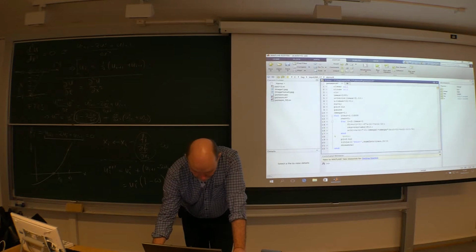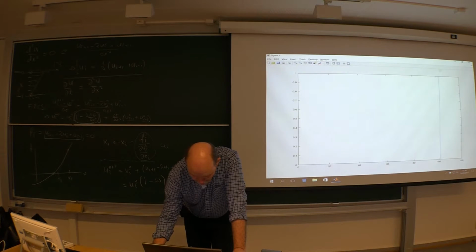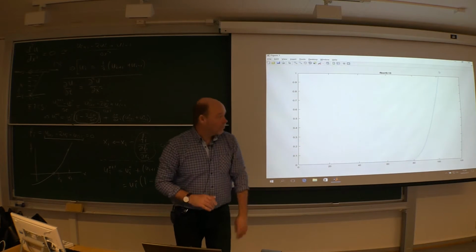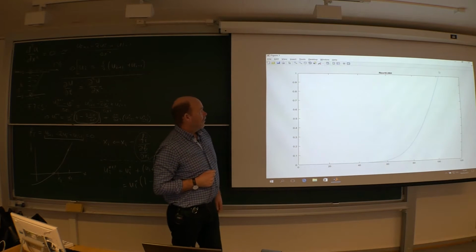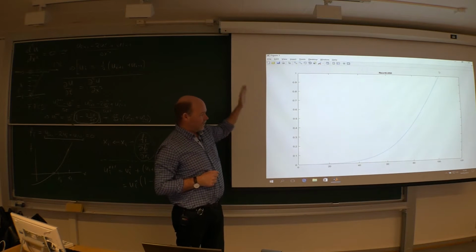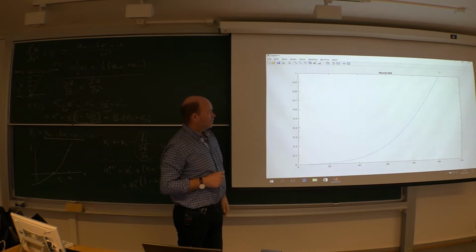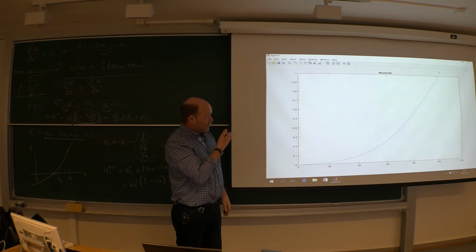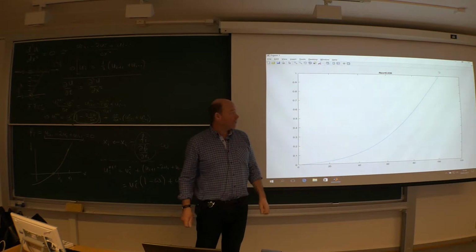Let's see if this one works. Yeah, well, it works, but you see the residual is decreasing very slowly. So yeah, it will find a solution in the end, but it's going to take forever.